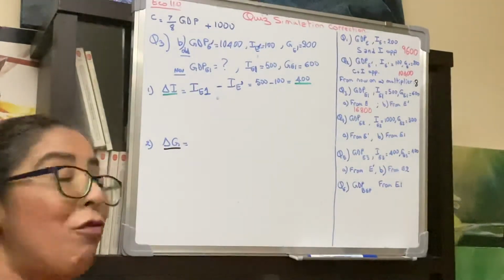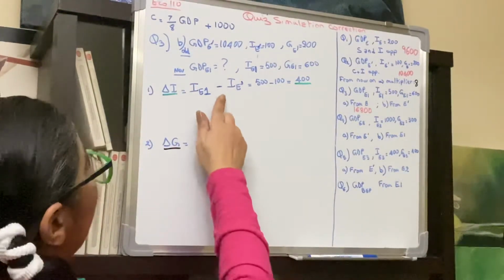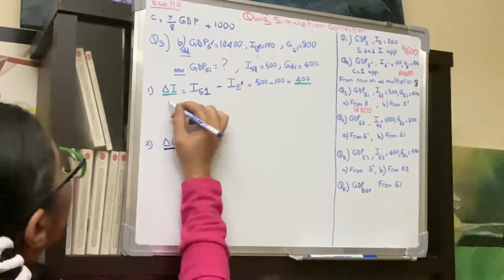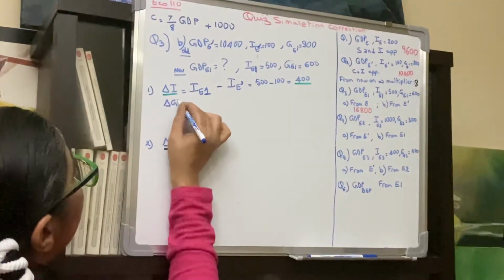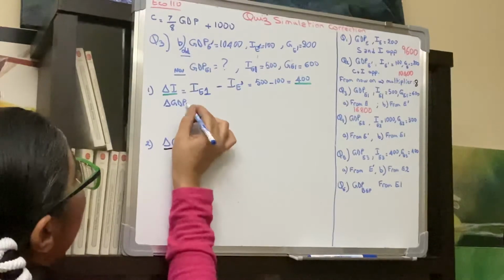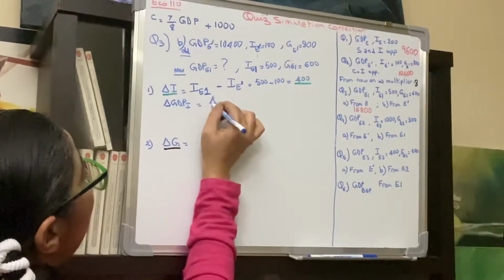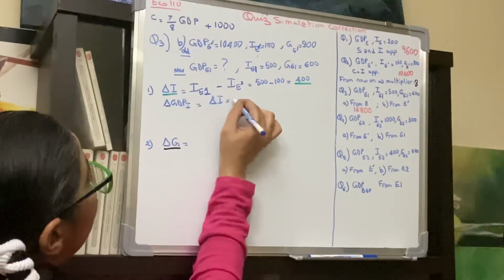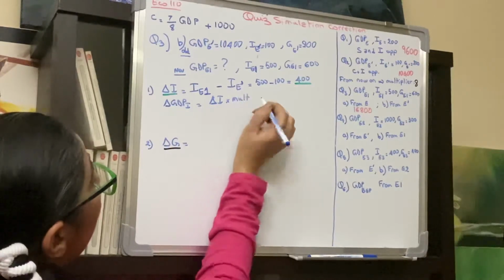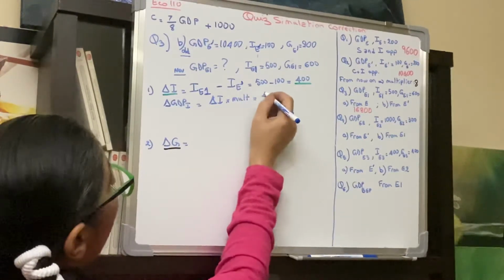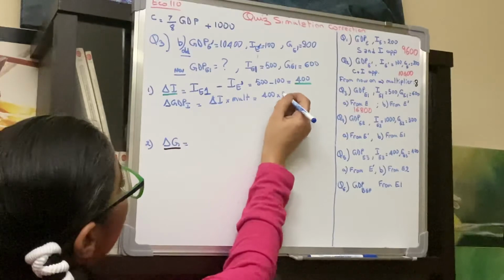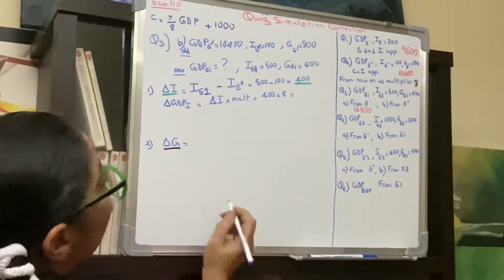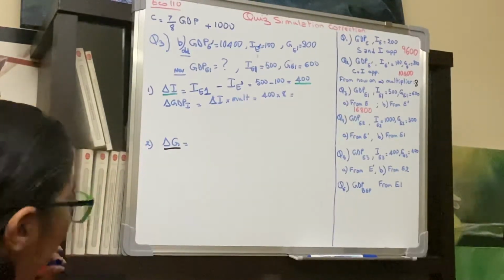Now I'm going to look for delta GDP due to I. Delta GDP due to I is equal to delta I times the multiplier, which is equal to 400 times 8, which is equal to 3,200.